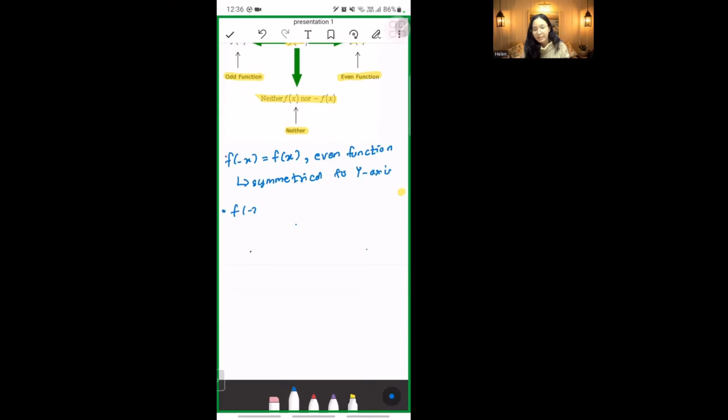And if f of minus x is equal to minus f of x, then we will get an odd function. And we will have to note that it is symmetrical to the original point.